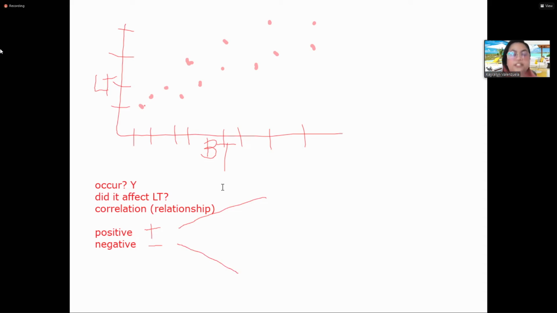Okay, ibig sabihin ng positive correlation, directly proportional. Ano ibig sabihin ng directly proportional? Ibig sabihin, as X increases, Y increases. So, habang tumatagal yung brewing time, kasi ang X natin yung brewing time, tama ba?